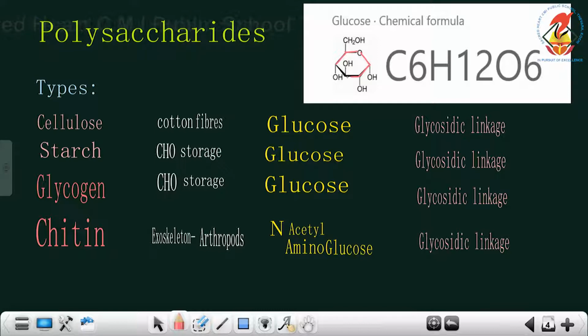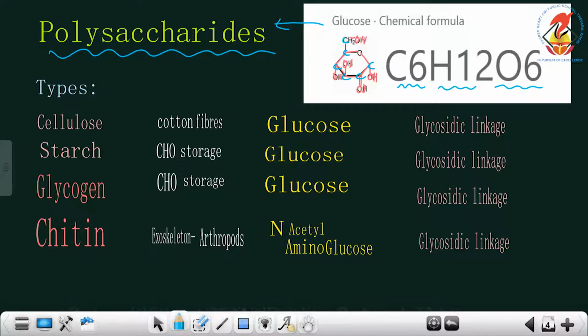It has a pyranose ring with 6 carbons, and look at the hydroxyl groups 1, 2, 3, 4 and 5 hydroxyl groups, and look at the carbons 1, 2, 3, 4, 5 and 6 carbon. So the chemical formula is C6H12O6.